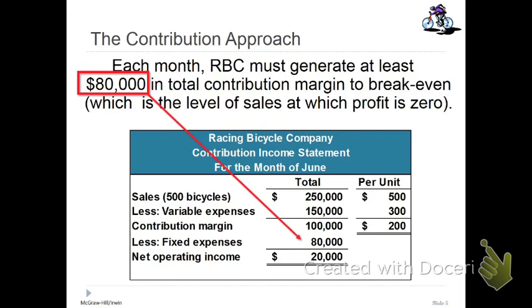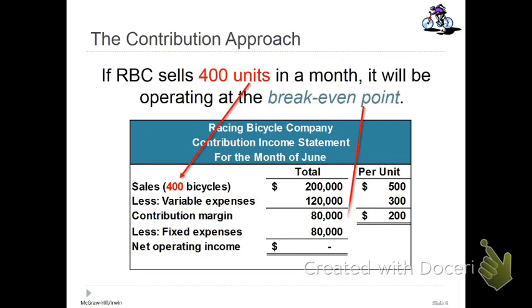Notice each month they have to generate at least $80,000 in contribution margin just to break even. That 400 units a month is the break-even point, because at that point I'm earning no income, and my contribution margin is just enough to cover my fixed expenses.